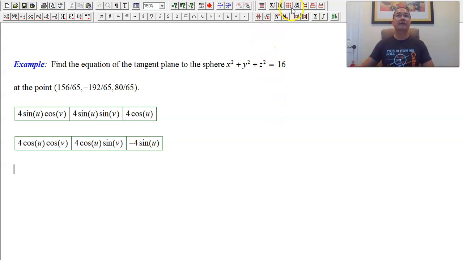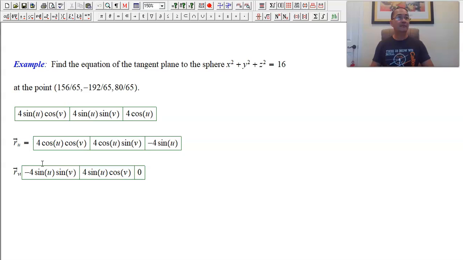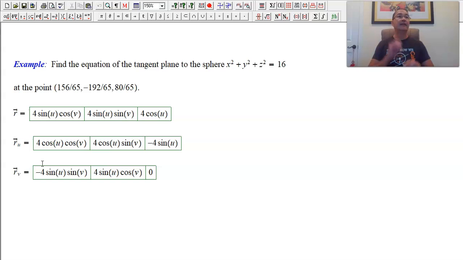And the other partial derivative was -4 sine u sine v, 4 sine u cosine v, and 0. Okay, so let's label this as our r sub u, and this is our r sub v. And of course this is the parametrization itself.